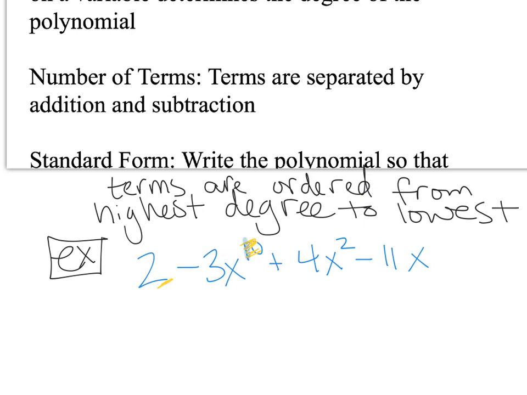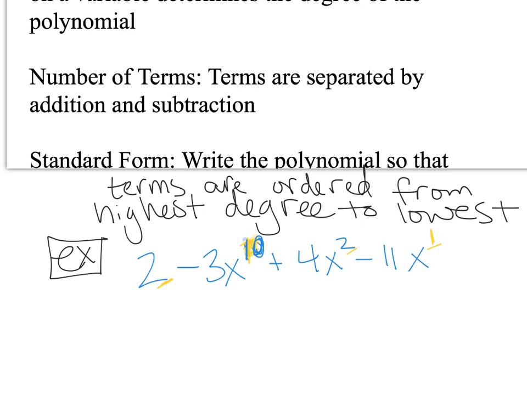Okay, so we still have the 10. Clearly that has a degree of 10. This one, we'll just underline, has a degree of 2. And this x, whenever the variable or the exponent is not written, the exponent is a 1.